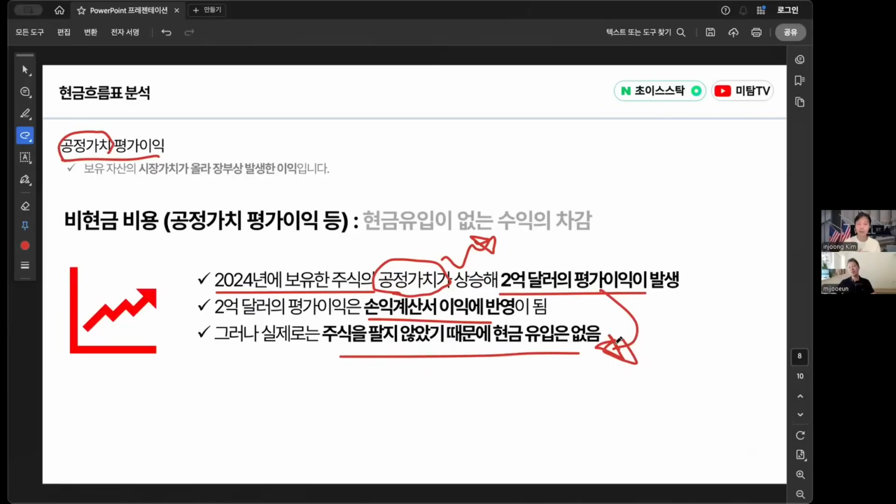You have to actually sell it for cash to come in. When you're just holding it, no cash comes in. But anyway, since there's an assessed value, it has to be recorded on the income statement. That's called fair value assessment, and it's included in the income statement even though no cash has actually come in. This is income without any cash inflow. This is the most typical example, so it needs to be excluded.